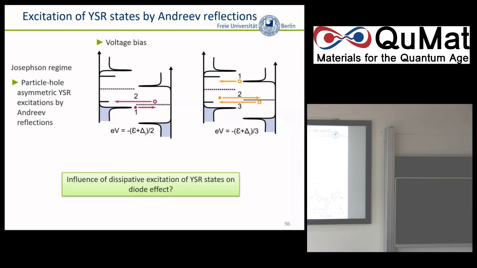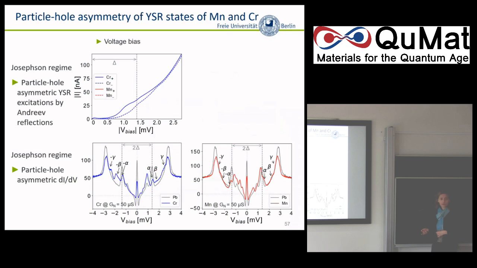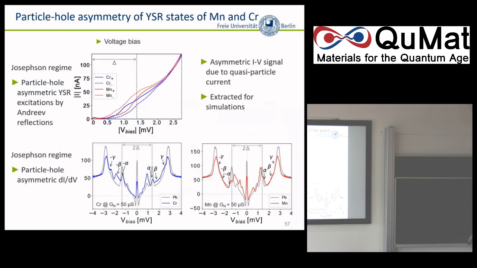To understand it more precisely, Felix von Oppen and his group have done simulations, taking our experimental data. You can also measure the IV curves, not the dI/dV. So here you see the current asymmetry, plotted in the two directions on one of these bias directions. You see that the current is very different for manganese and chromium, and it's opposite in the direction of the non-reciprocity.